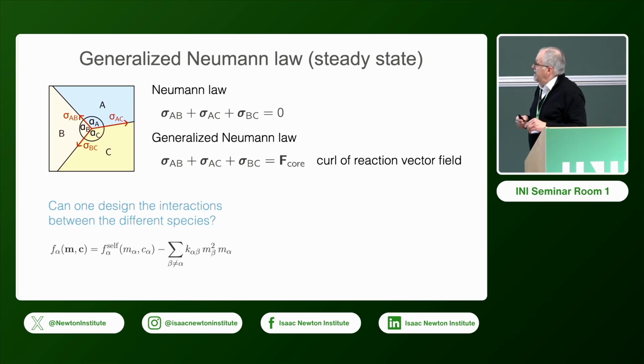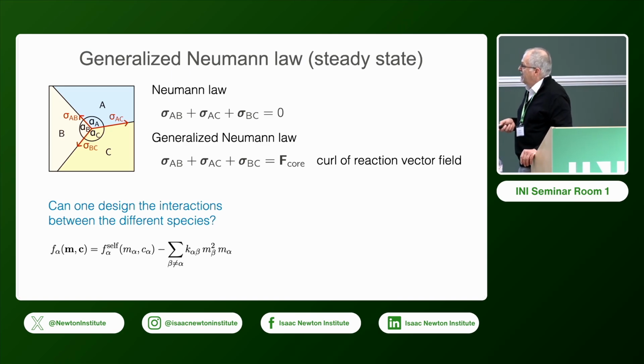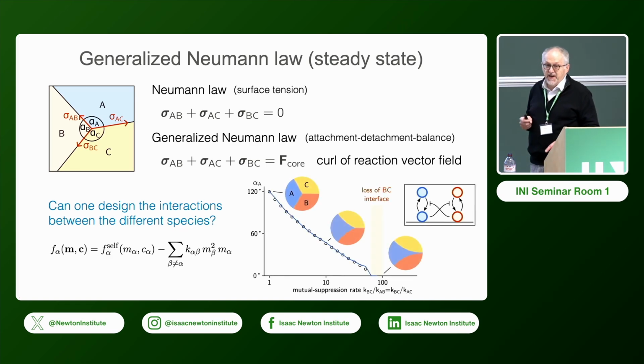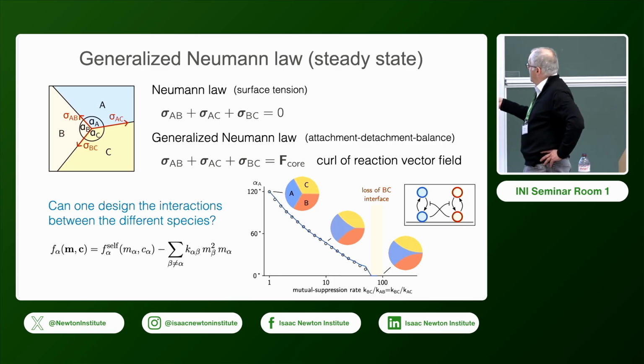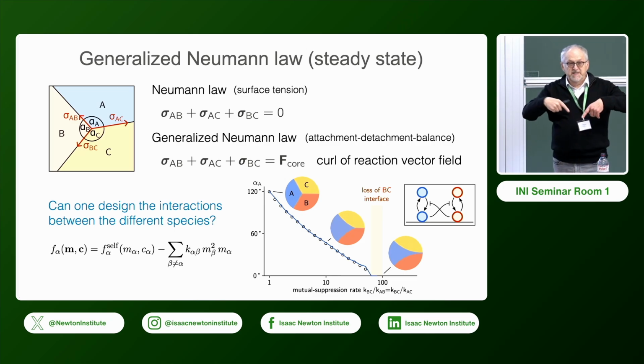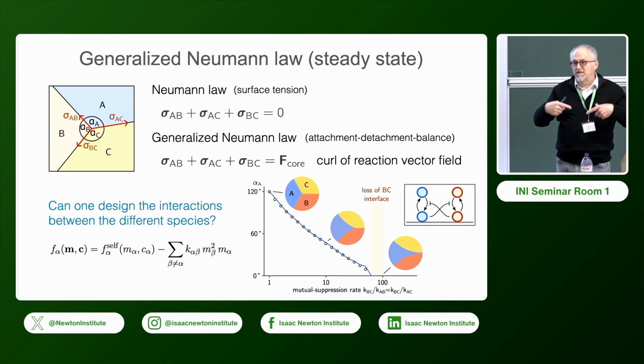All right. If you use that, you can actually ask yourself, can you implement with all that non-equilibrium behavior also interesting phase behavior? And here's one intriguing example that I picked. So what Henrik and Tobias did here is they looked at a three-species system, and they changed the rate at which these species mutually repress each other on the membrane.